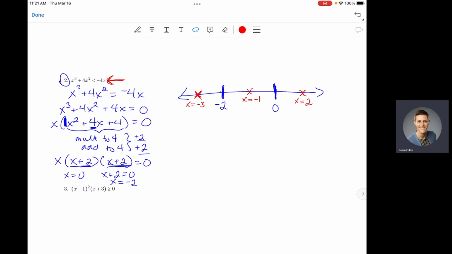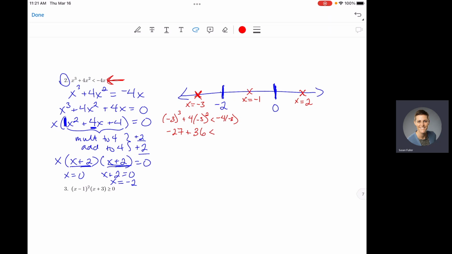So when I take -3 and plug it into my inequality, I get -3 to the third power plus 4 times -3 squared. And my inequality says that should be less than -4 times -3. So now we've got to do some arithmetic here to see whether or not this is true. So -3 to the third power, that's -27, plus -3 squared, that's 9, times 4, that's 36.